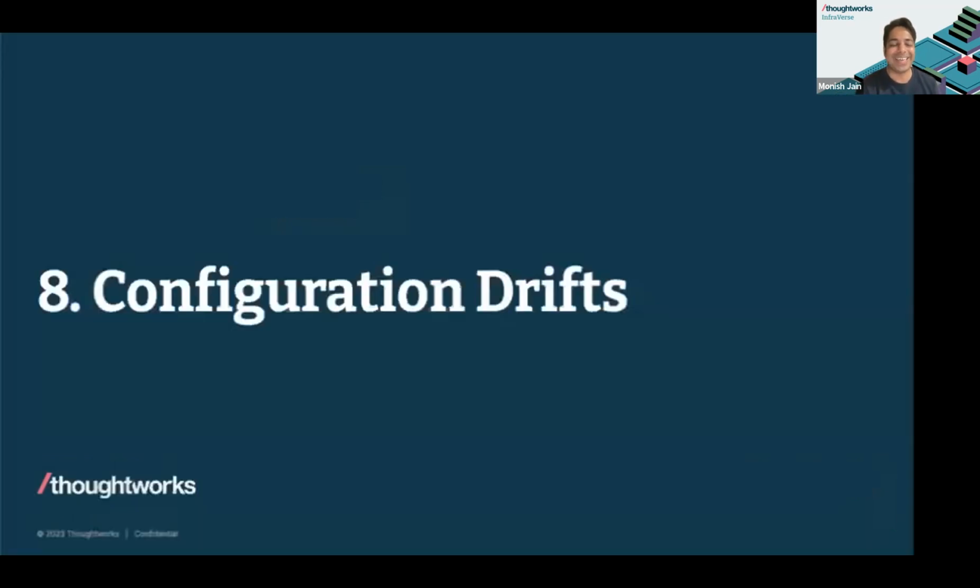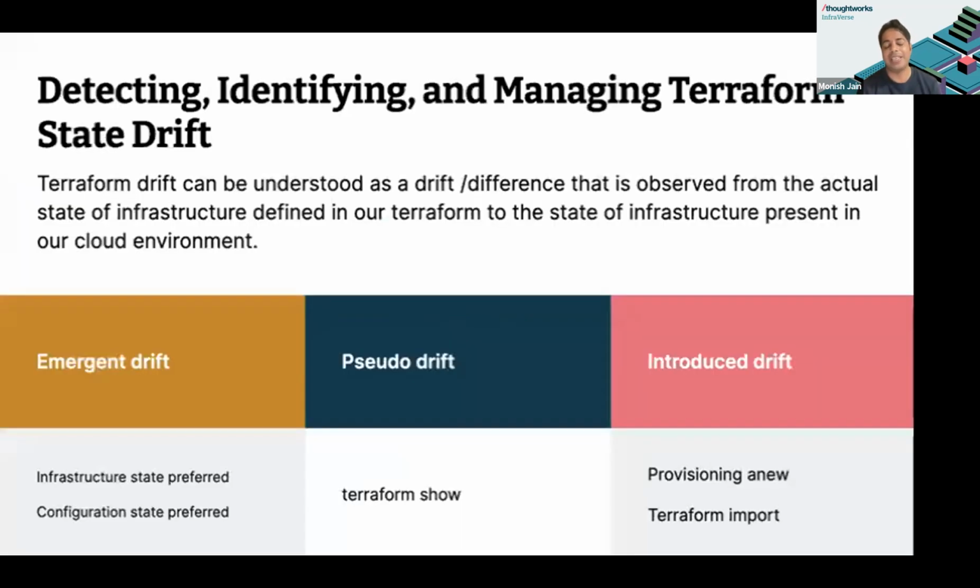So yeah. Next we have configuration drift, which is a challenge. Sometimes our configuration, whatever we are writing as infrastructure as code, does not match. And there are three kinds of drift, or difference from the actual state. One is emergent drift. Sometimes we do make changes directly from the console, like in an emergency situation.